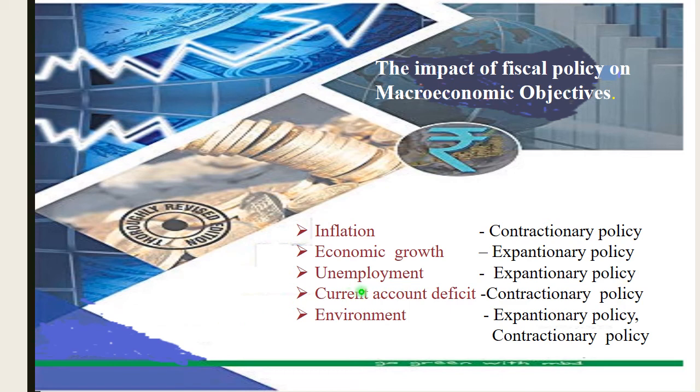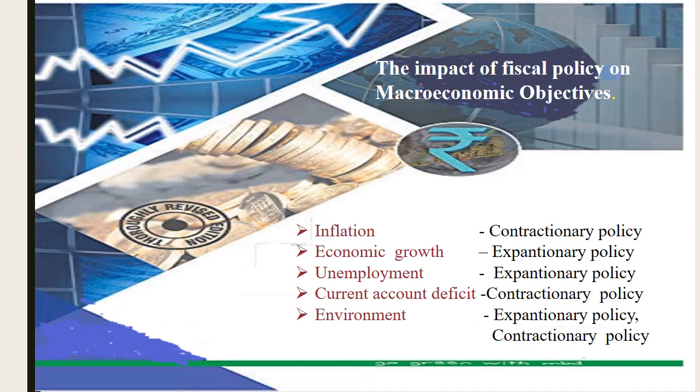Economists say that contractionary policy brings down the inflationary pressure. Using this policy, a government could cut its expenditure and raise taxes to reduce aggregate demand and aggregate supply in the country. As a result, the inflationary pressure can come down.